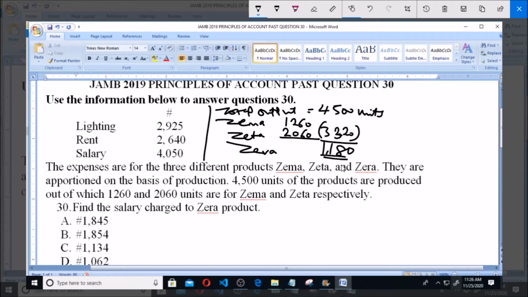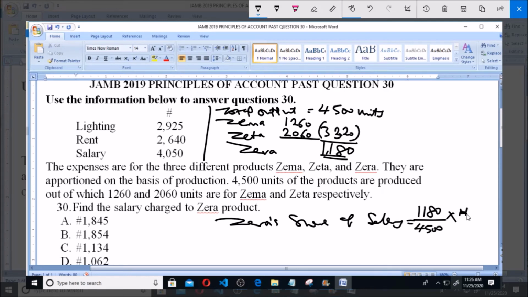units. Now to get Zara's share of salary, Zara's share of salary will be equal to Zara's output, which is 1180, over the total units, which is 4,500 units, times salary.